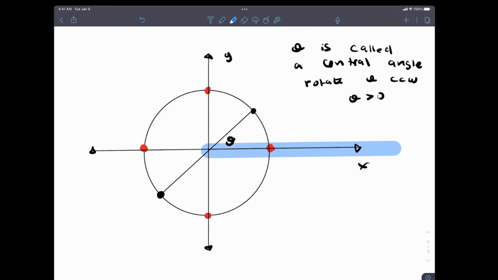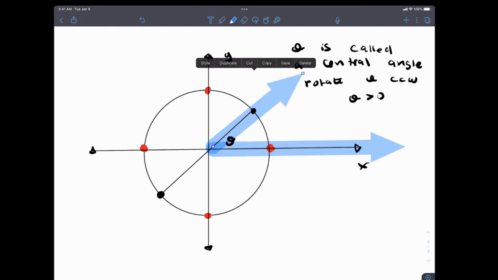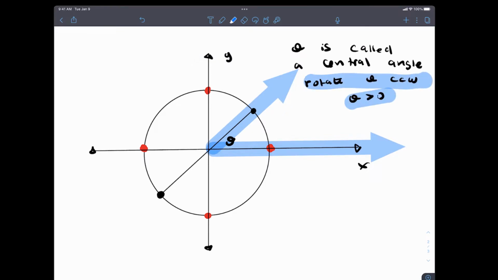Well, remember, we start with this ray out here on the positive x-axis, and then they rotated this ray counterclockwise an angle called theta. And you get now a central angle.